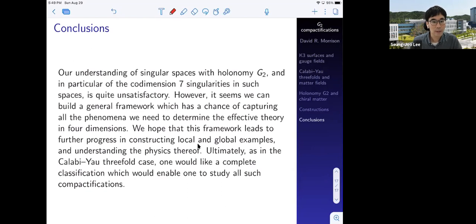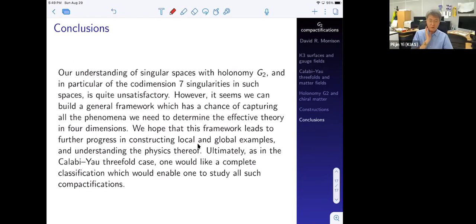Yes, Pyoljin, questions? I was just wondering, I remember like 15, 20 years ago, there was some flurry of activities, especially on G2, centered around phenomenology-oriented people. What were they? Do you know what those were? I mean, relative to what you are trying to do here? Right.